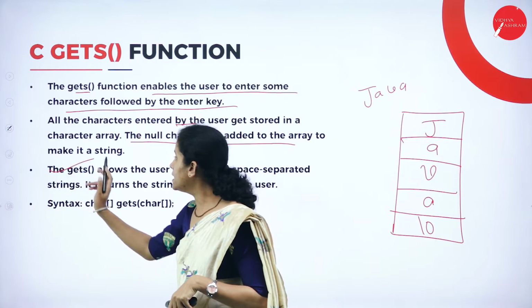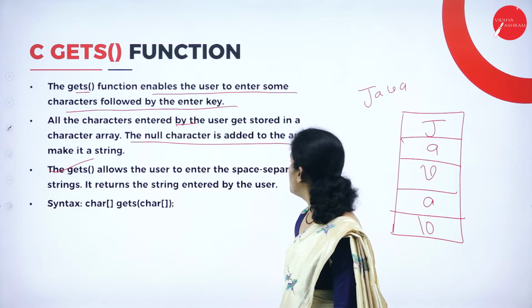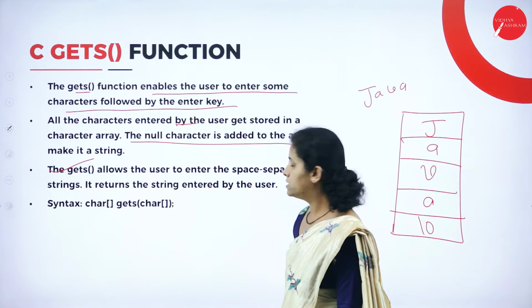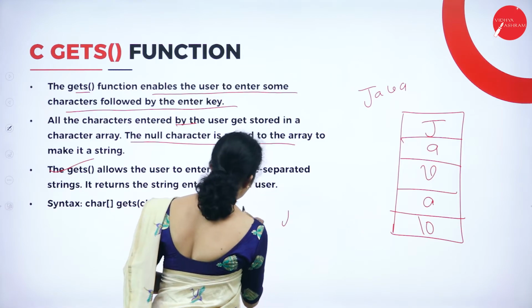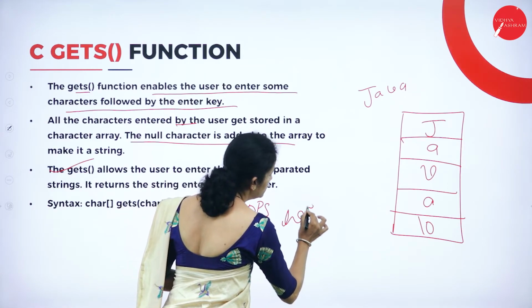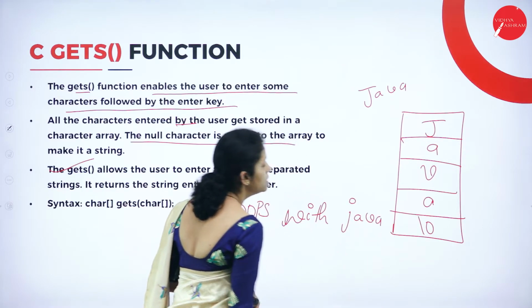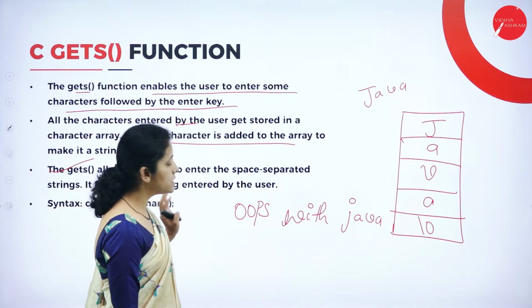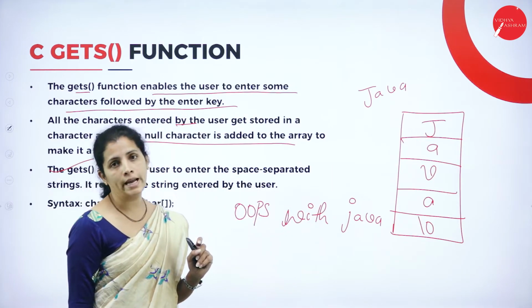The gets function allows the user to enter a space separated string. For example, I'll write OOPs with Java. Now suppose I want to read such a statement, then I can make use of gets.